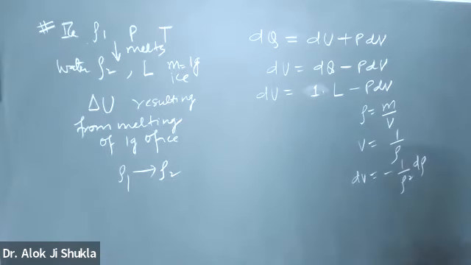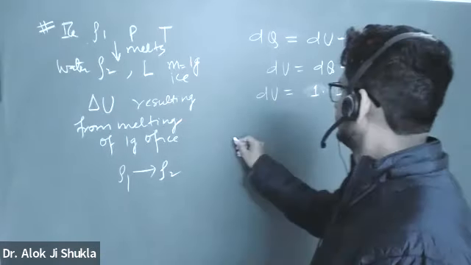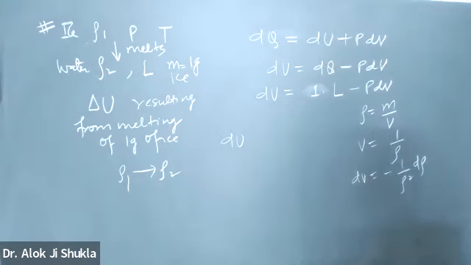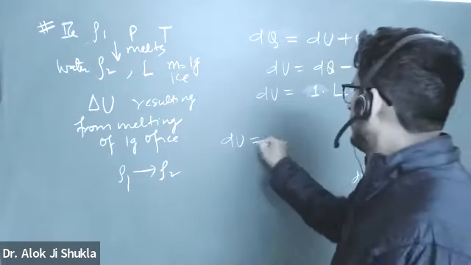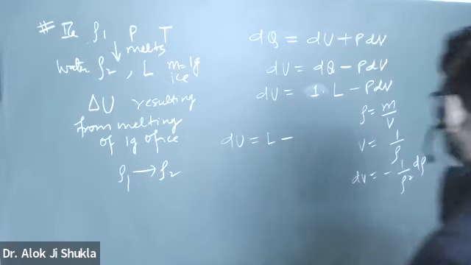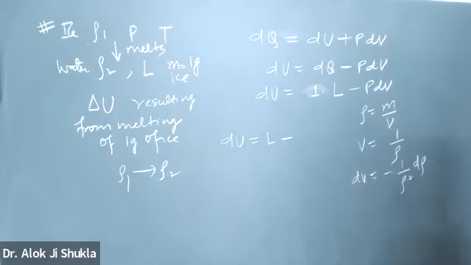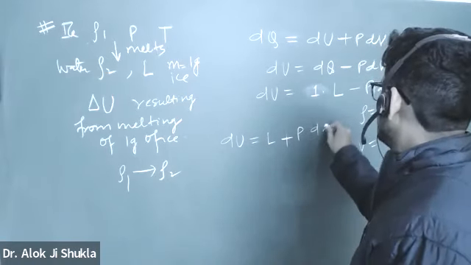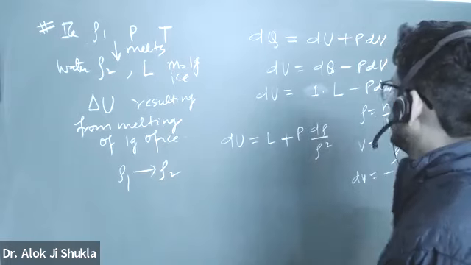So dU will become L minus PdV will become plus P d rho by rho square.